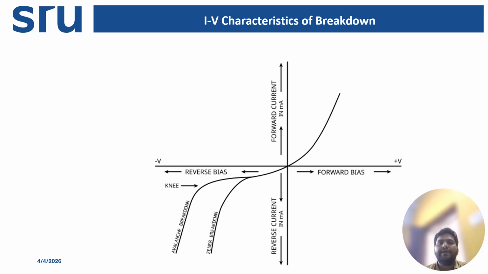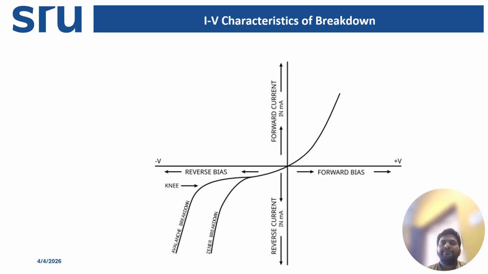So what happens in the IV graph? If we draw the IV characteristics curve, the horizontal axis denotes voltage, maybe forward or reverse bias, and the vertical axis denotes current, forward current and reverse current. If reverse bias voltage is taken in the negative direction, there are two important regions: the reverse saturation region and the breakdown region.